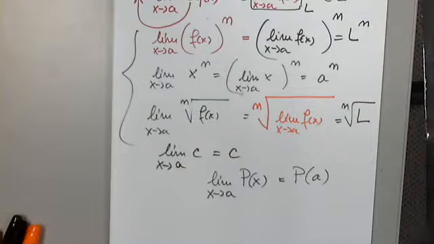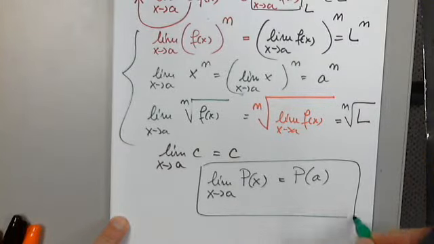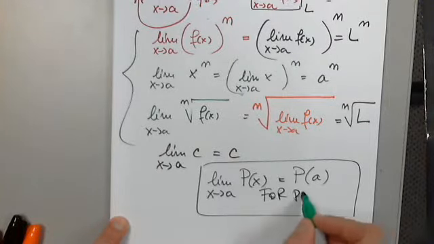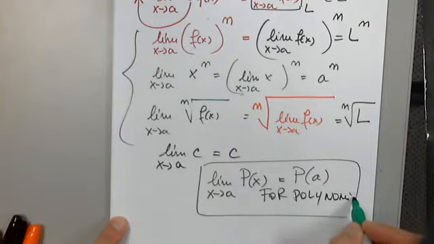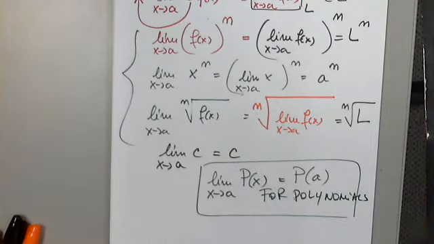True, but the limit can be determined by plugging it in, although x does not equal a. Okay, so this is a theorem for polynomials, not for rational, not for trig, not for exponential, not for anything at this point. Although in certain situations we'll be able to do the same thing.